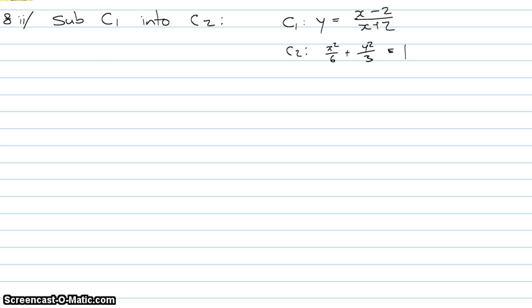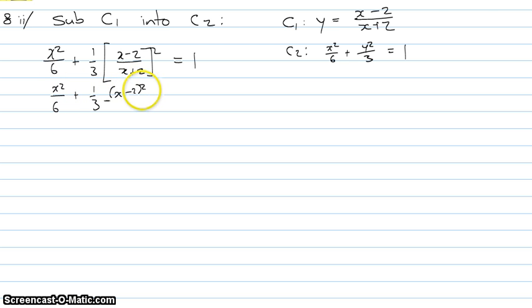So I'm going to sub C1 into C2. That means I get the equation x squared over 6 plus 1 over 3, and I'm just going to pull the 1 over 3 out the front, then x minus 2 over x plus 2 squared equals 1. So x squared over 6 plus 1 over 3 times (x minus 2) squared over (x plus 2) squared equals 1.